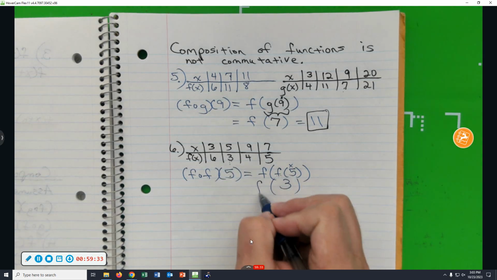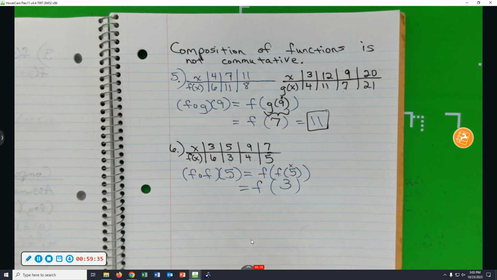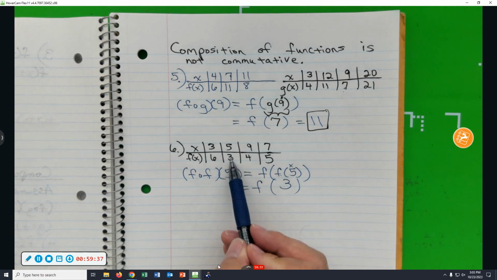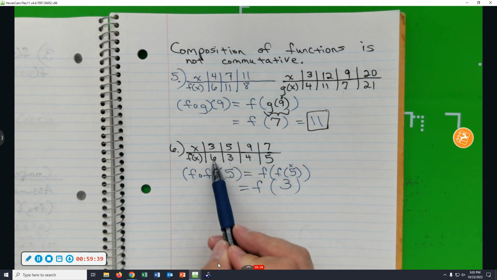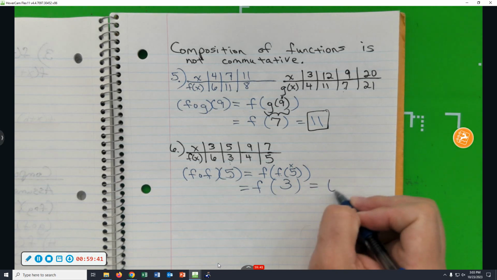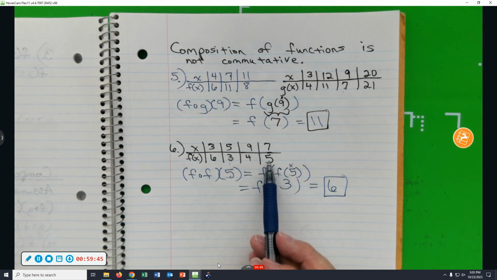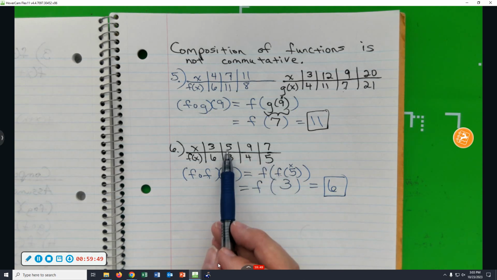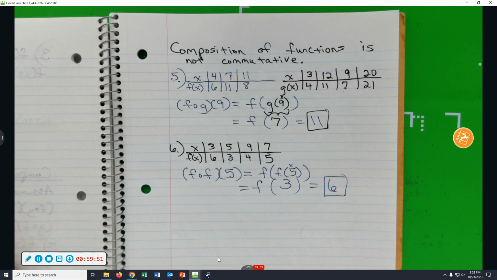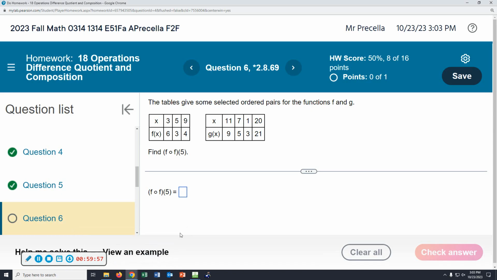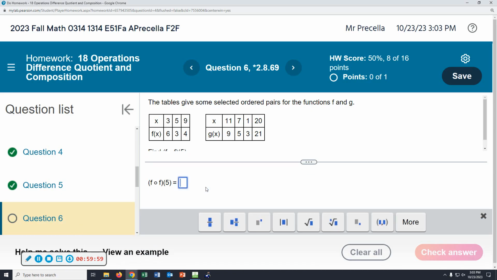Now we want f of 3. 5 goes to 3. 3 goes to 6. If you have a 5 down there, that doesn't mean anything. You use the 5 that's the x value. Any questions there? I forgot what the answer was. 6? Okay.